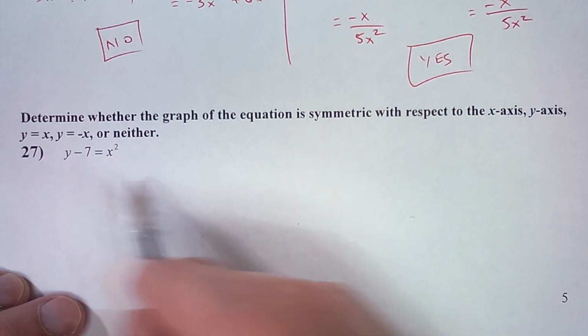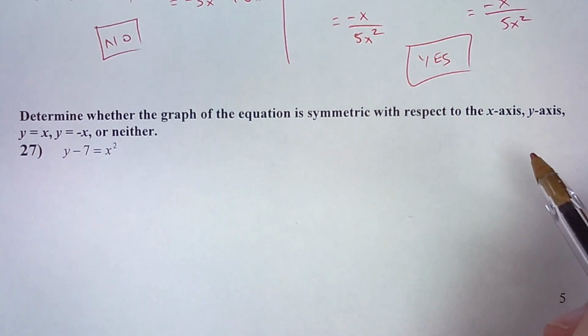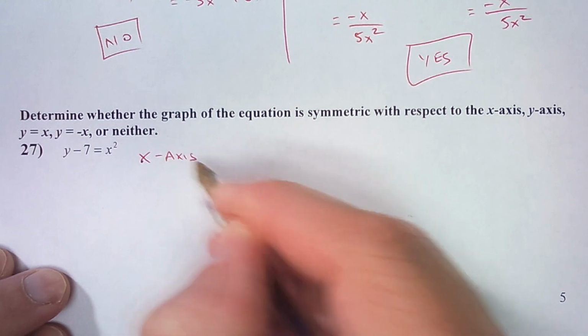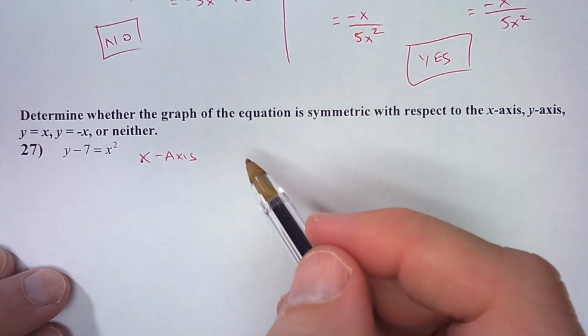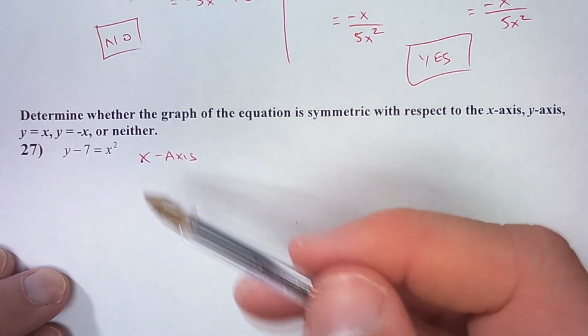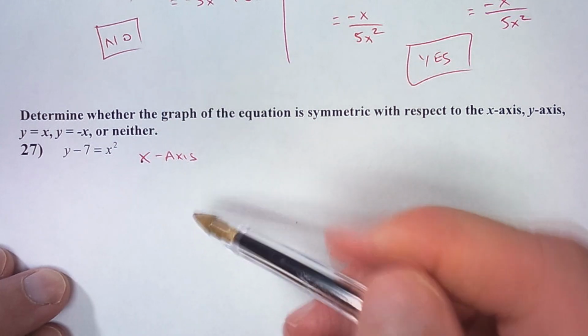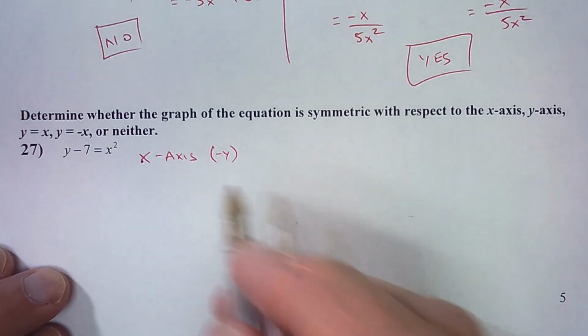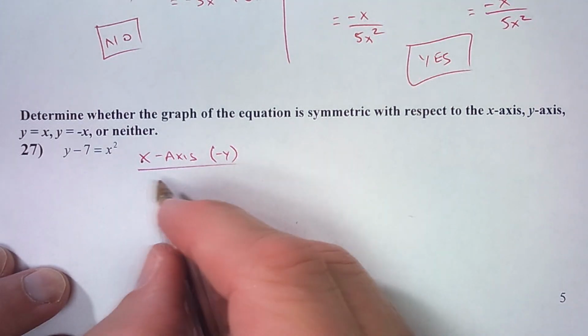So we'll check this function to see if there is symmetry with respect to the x-axis. If there's symmetry with respect to the x-axis, then it will reflect vertically and land right back on itself, which means for every y, the opposite of y also exists on the graph.